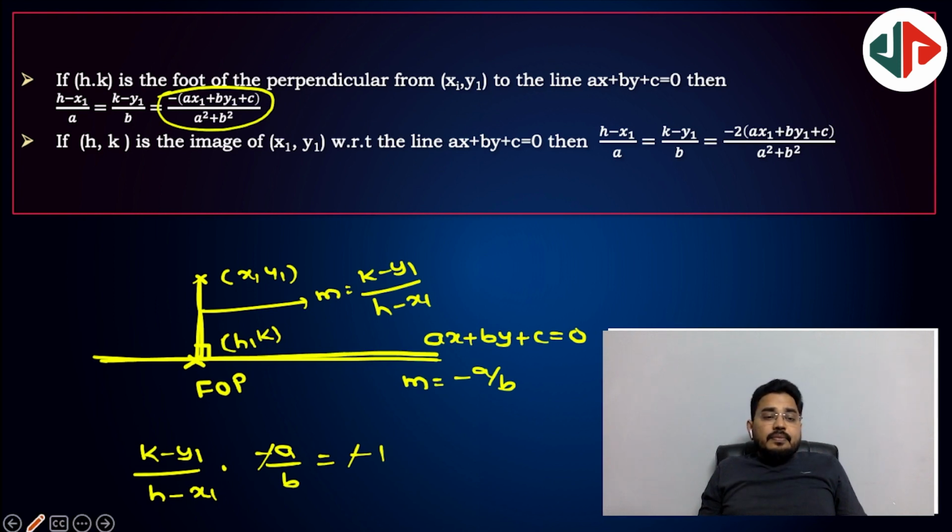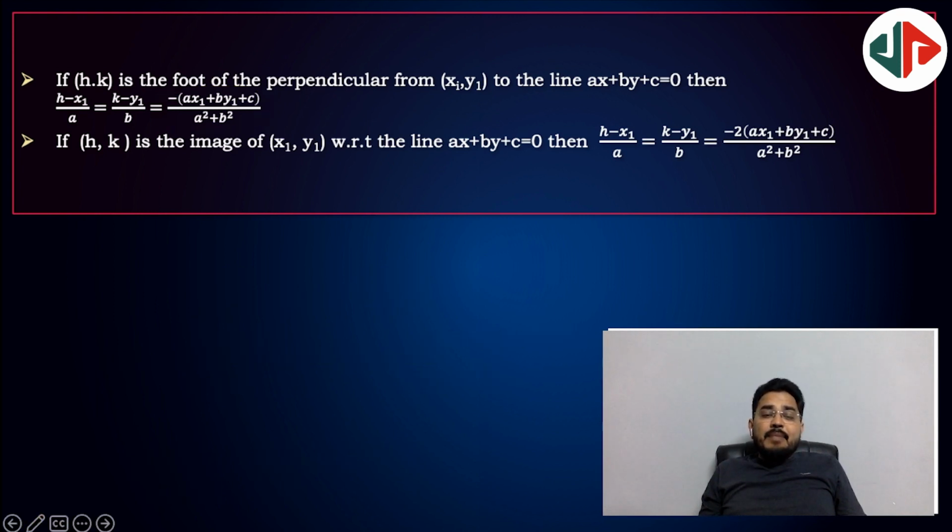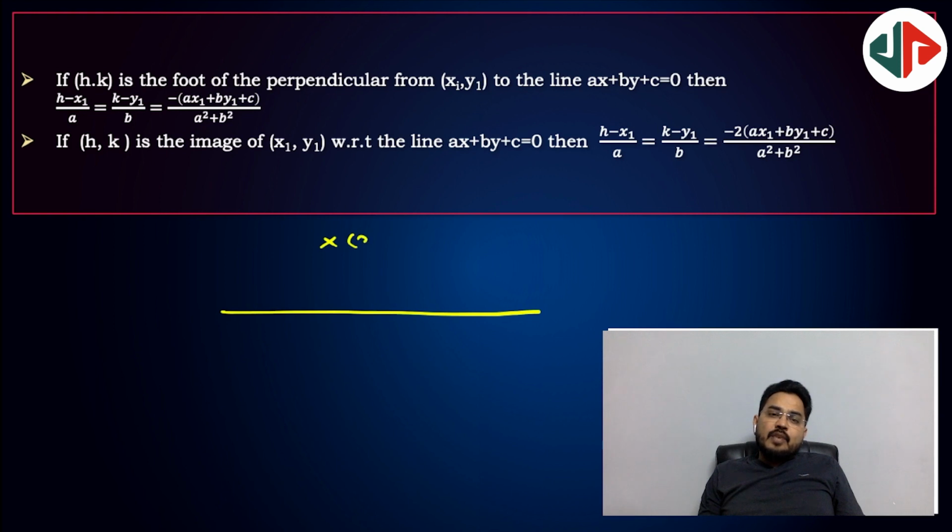Now, what is the image? If this is the line, this is the point x1, y1. So, if you drop the perpendicular, this is the foot of the perpendicular. Same distance you go here. This is called the image.